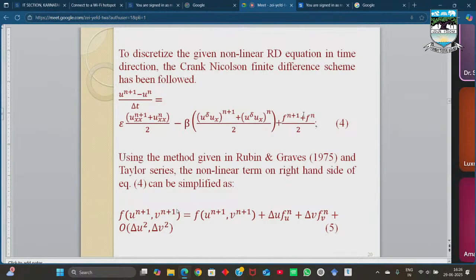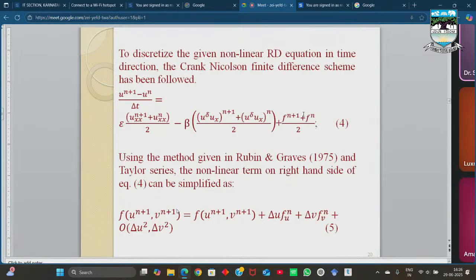To discretize the non-linear reaction diffusion equation in the time direction, we have proposed the Crank-Nicolson finite difference scheme. The Crank-Nicolson scheme is proposed because of its rate of convergence, as it has a quadratic rate of convergence, that is of order Δt².